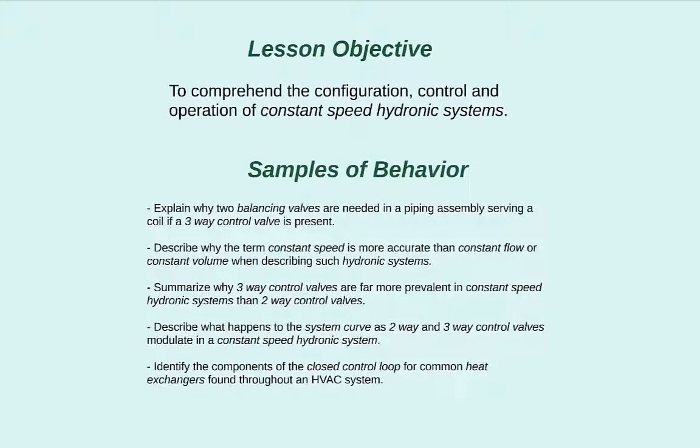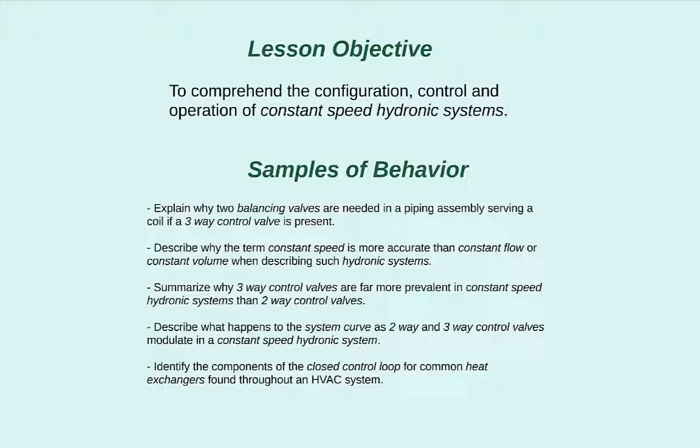Again, the objective for this lesson was for students to comprehend the configuration, control, and operation of constant speed hydronic systems. The corresponding samples of behavior were: explain why 2 balancing valves are needed in a piping assembly serving a coil if a 3-way control valve is present. Describe why the term constant speed is more accurate than constant flow or constant volume when describing such systems.